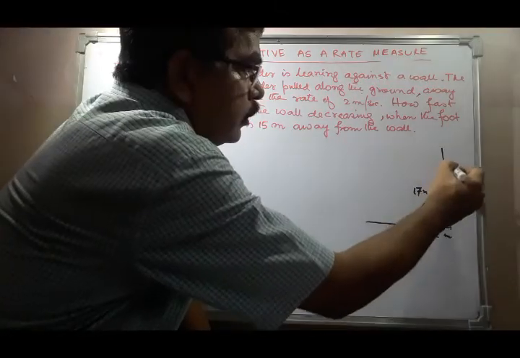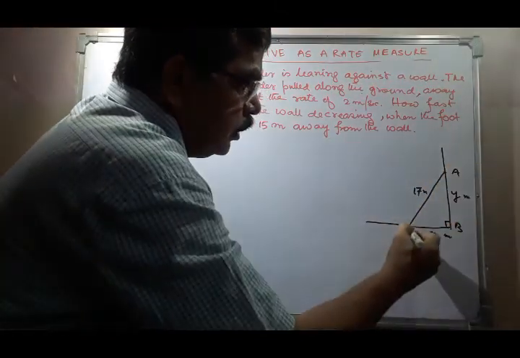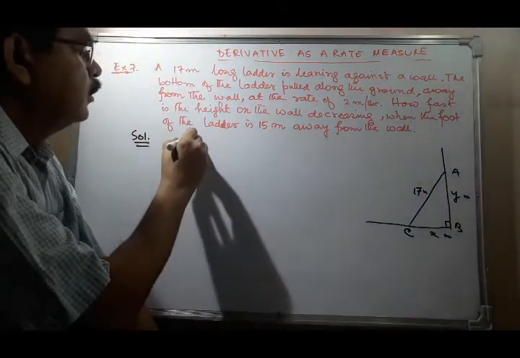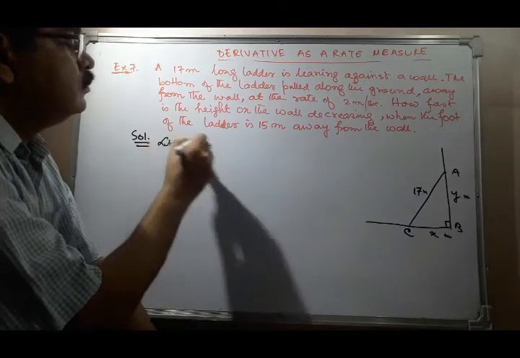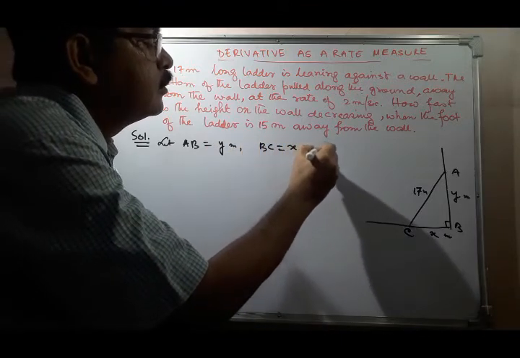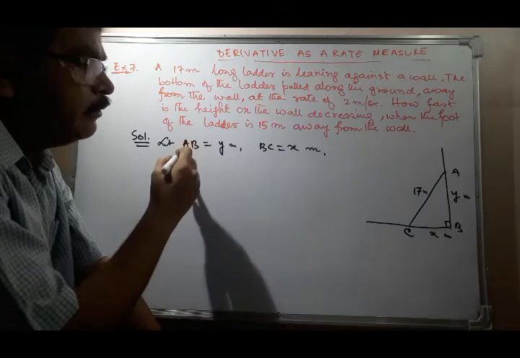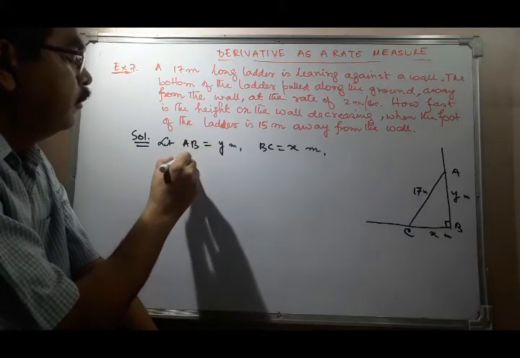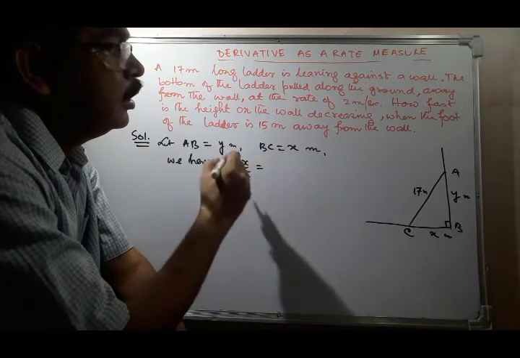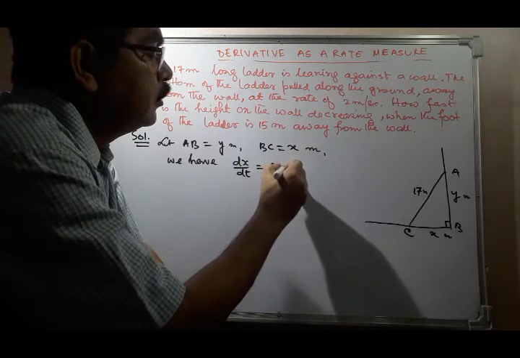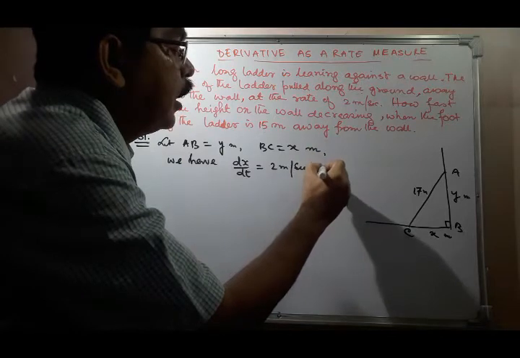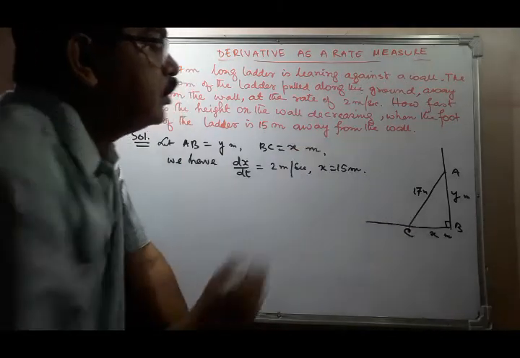So let this be the points A, B, C. So this is the initial position of the ladder. Let AB equal to y meter, BC equal to x meter. So what we have here? We have dx by dt equal to 2 meter per second. Further it is given foot of the ladder is 15, x equal to 15 meter.